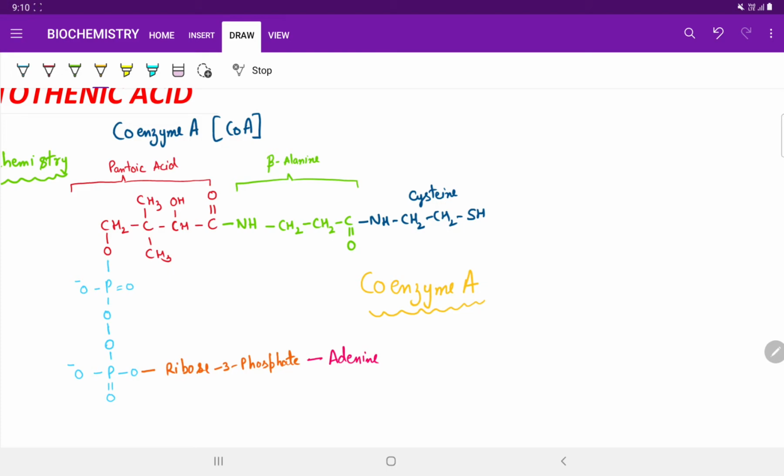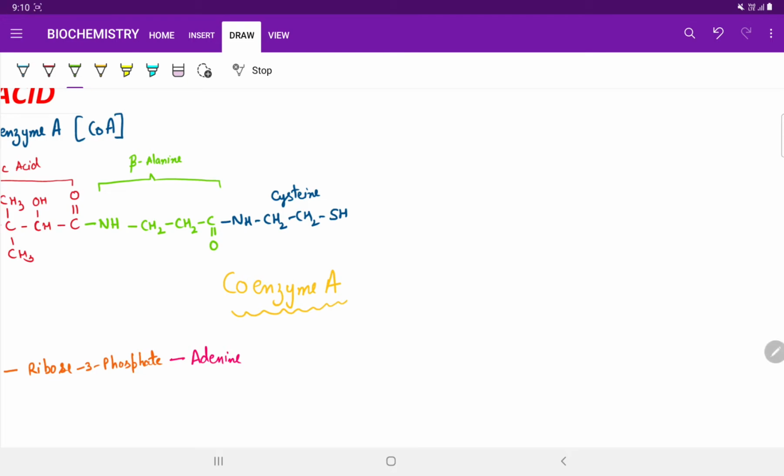Now we can also see the most commonly selected examples of compounds which are bound to coenzyme A. Many times we have seen these examples.